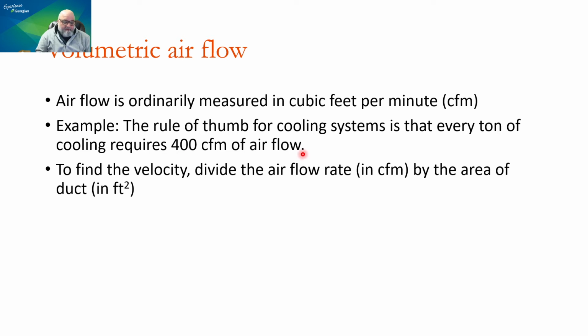Did you get that question on a G3 exam? No? Okay. You are going to be asked this on the G2 exam. On the G2 exam, the question would be, how many CFMs of airflow are required for an air conditioning system, like a residential A-coil air conditioning system? And the answer is 400 CFM.